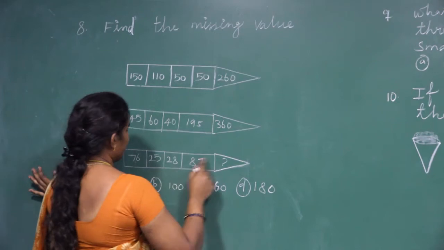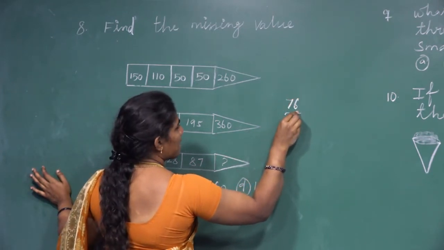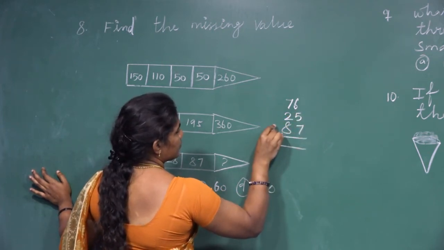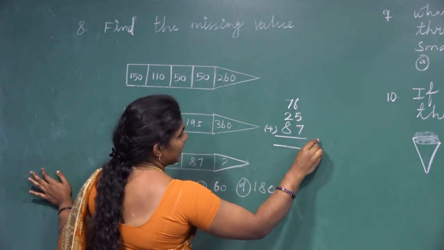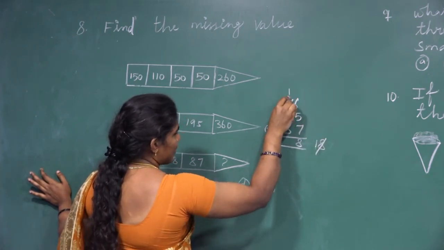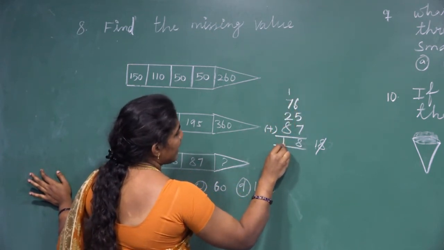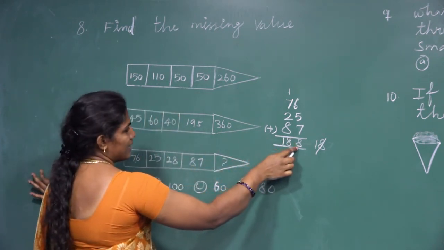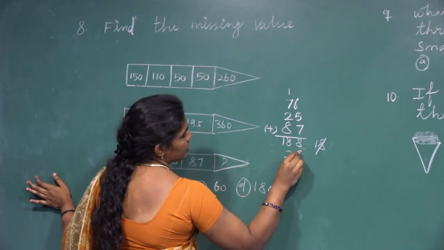See here. We want to add 76 plus 25 plus 87. 6 plus 5 is 11. 11 plus 7 is 18. 8 here, remaining 1 here. 7 plus 1 is 8. 8 plus 2 is 10. 10 plus 8 is 18. 188. 188 minus 28.